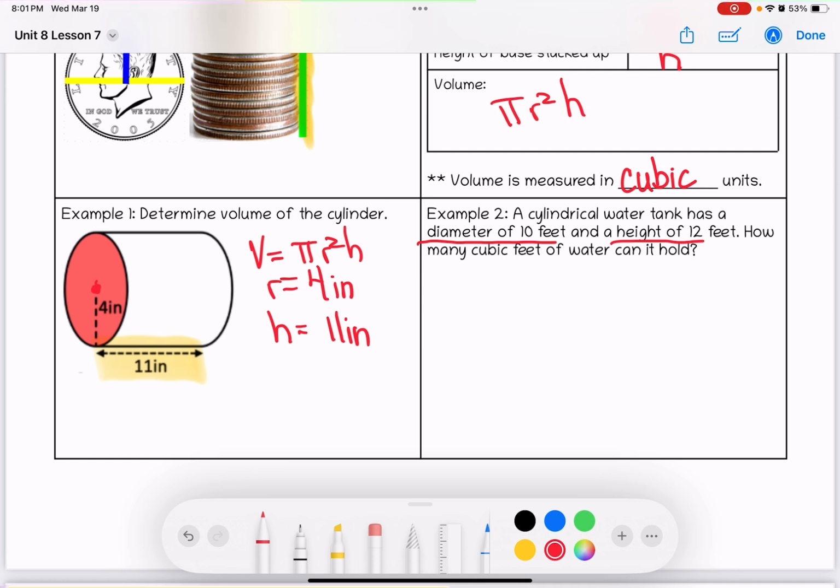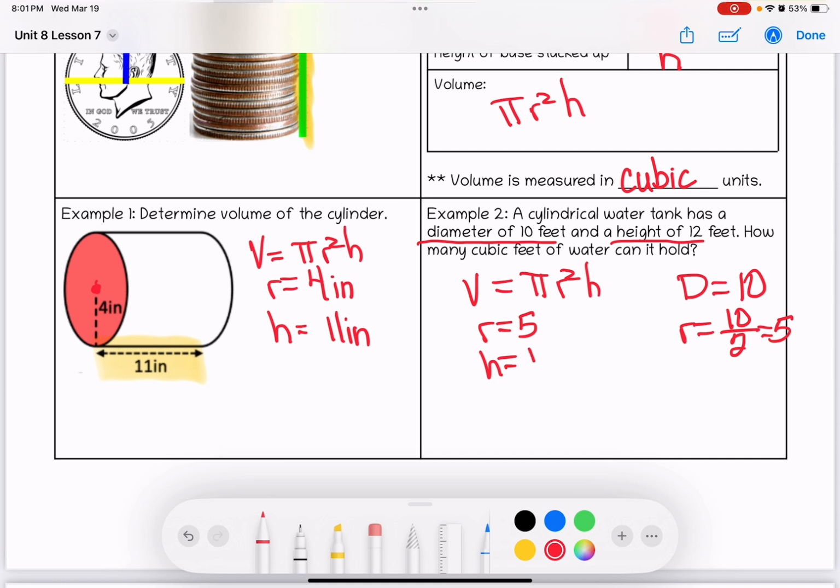Since my formula for volume is pi r squared times the height, but they're giving me a diameter equal to 10 feet, the radius is half of the diameter, which would be 5. So my r is equal to 5 and my h is equal to 12. And actually it's feet.